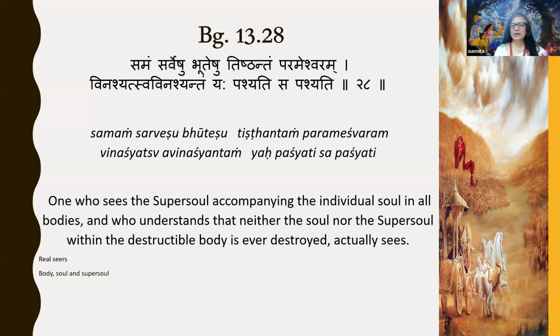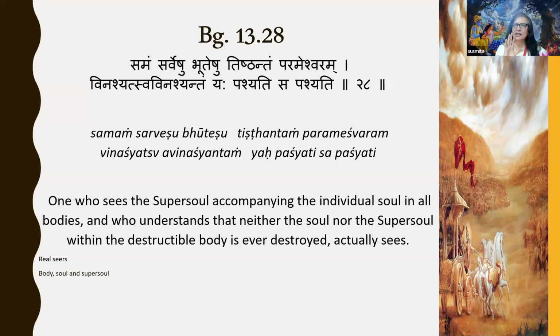Samam sarveshu bhuteshu: sarveshu means all, bhuteshu means living entities. Tishthantam means stays inside. Parameshwaram: the super soul stays inside all living entities. And not only that, vinashyatsu avinashyantam means when the destruction happens, it still remains undisturbed.